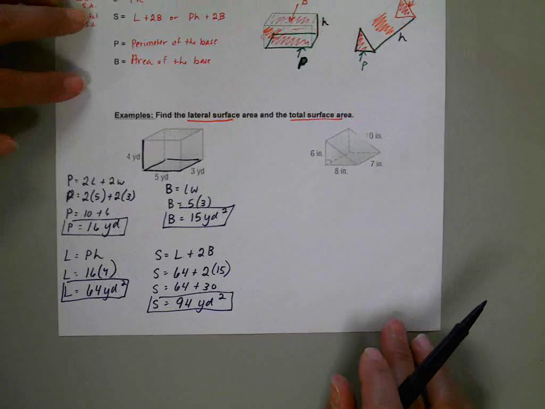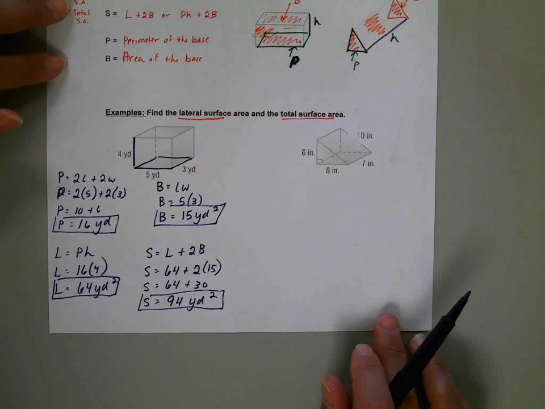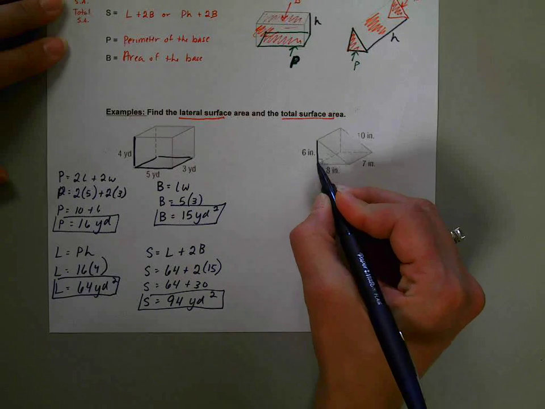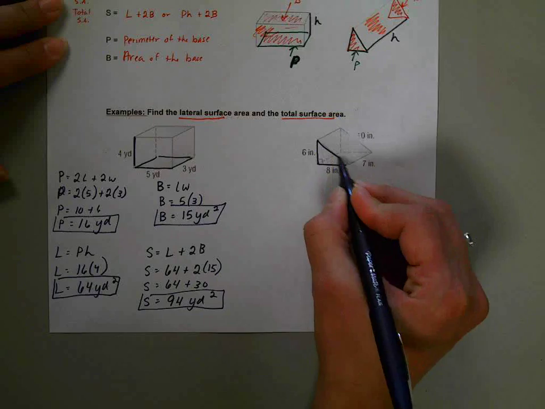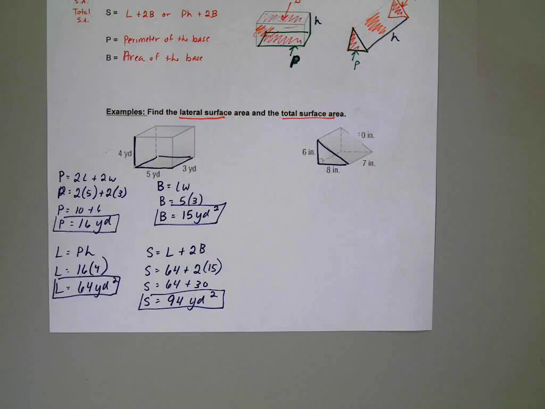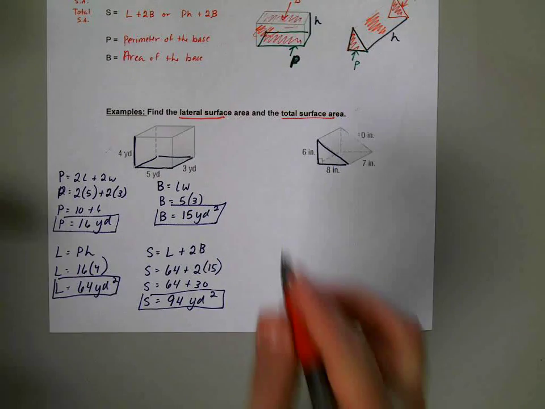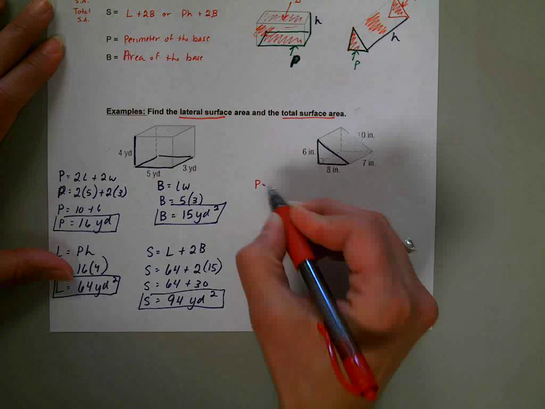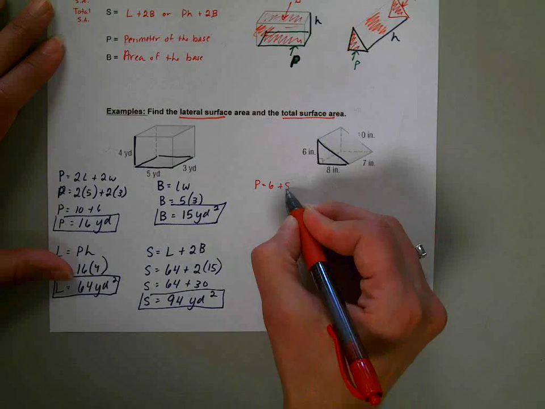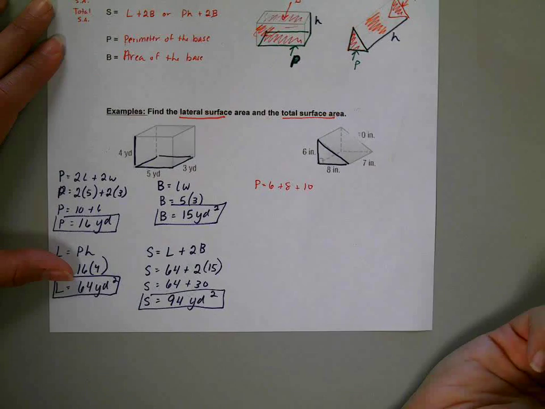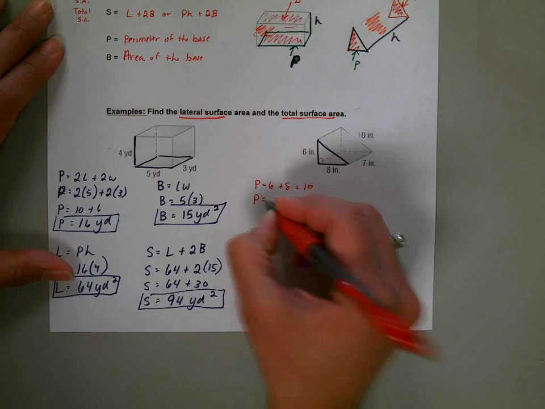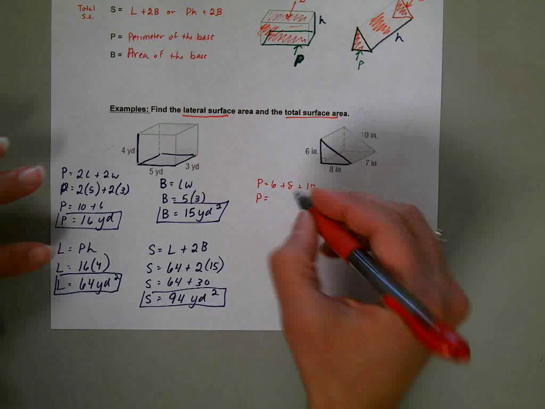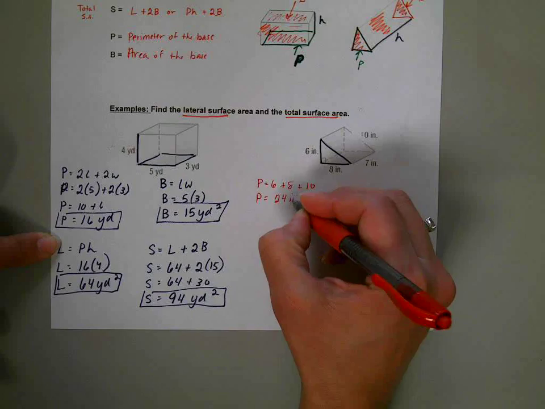Now let's look at a triangular prism. My base is the triangle. I'm going to find the perimeter first. That's 6 plus 8 plus 10. So my perimeter is going to be 24 inches.